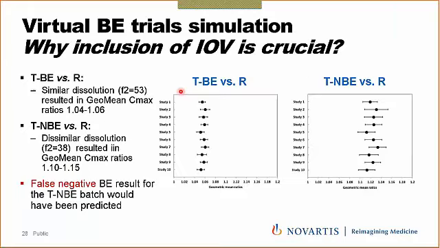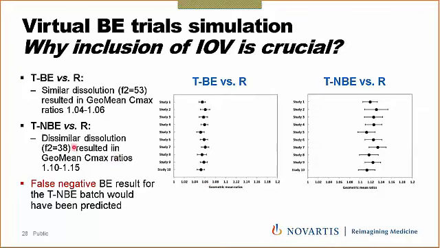And then what is interesting to see was that between the bioequivalent product and the reference, solely based on the dissolution, we had an S2 of 53, showing similar dissolution, and this resulted in this plot here in a Cmax ratio ranging between 104 and 106.